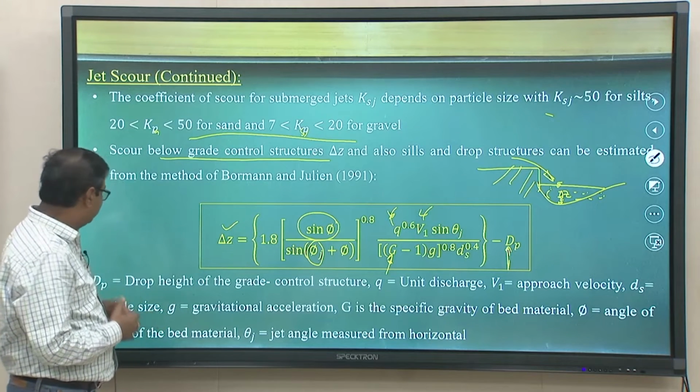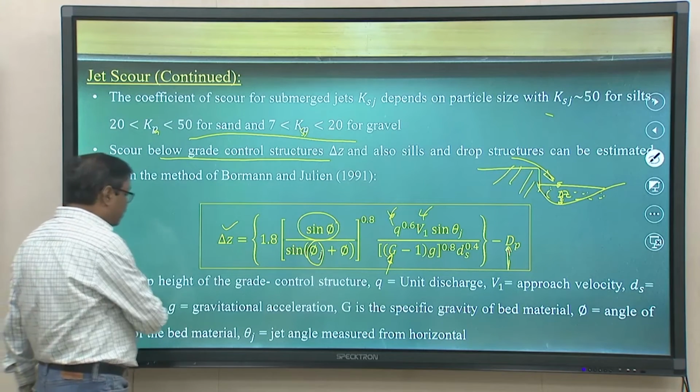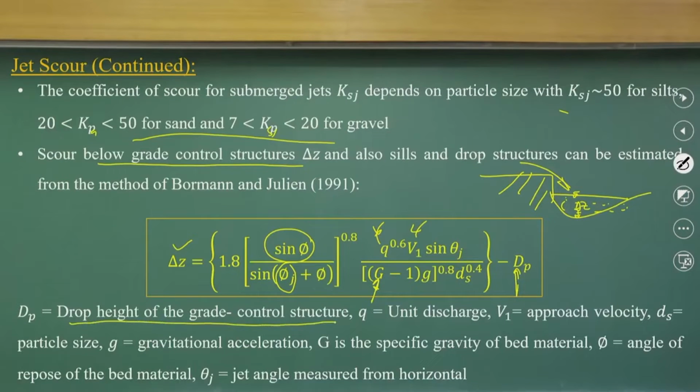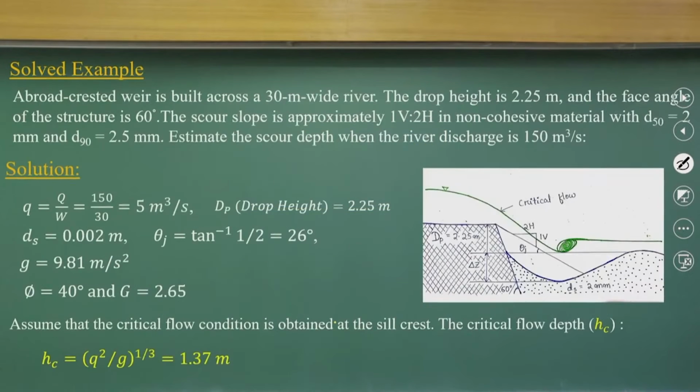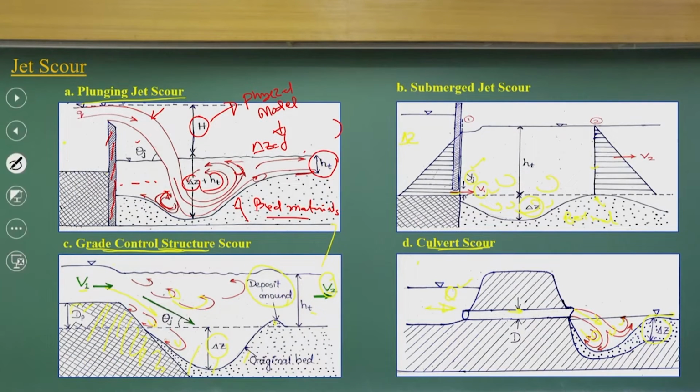The dP is the drop height of the grade control structure. If you look at the figure here, dP stands for this part, theta z is the impinging angle, you have V1, the velocity, V2 velocity, you have a tail water depth, then you have the original bed.